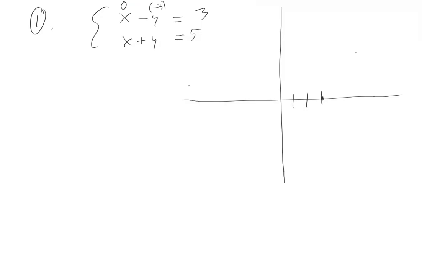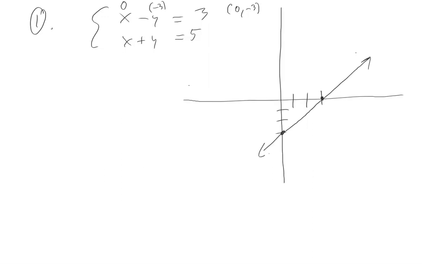So that's also true. That means the point (0, negative 3), in other words x is 0 and y is negative 3, is also a point on the line. So (0, negative 3) is down here. If I draw that line, it looks like that.